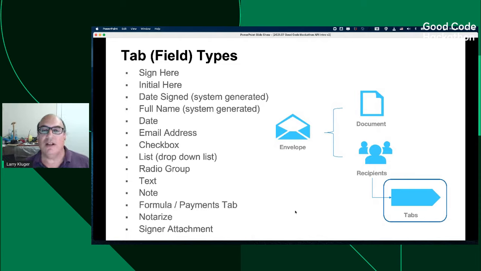We also can collect money, and that can be very useful. And that's what we call the payments tab, and we can also calculate, taking from various other fields if they're numeric, and calculating what the final amount is, and then asking the signer to put in their credit card information or check information and pay money.